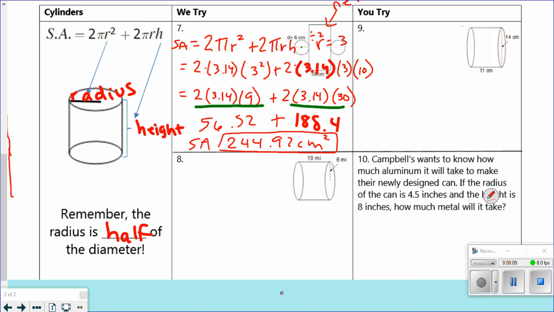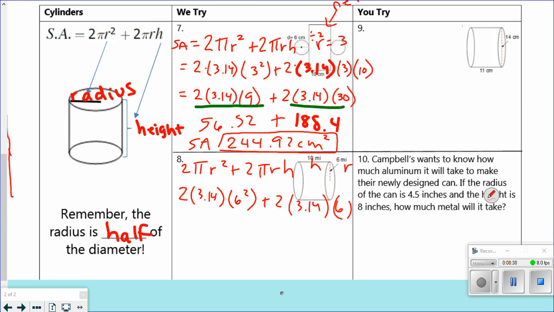Okay? All right, and on the last one, that cylinder again is flipped over. We're still looking for surface area of the cylinder. So there's my formula. My radius is 6 and my height is 10. Plug in the numbers. 2 times 3.14 times 6 squared plus 2 times 3.14 times 6 times 10.